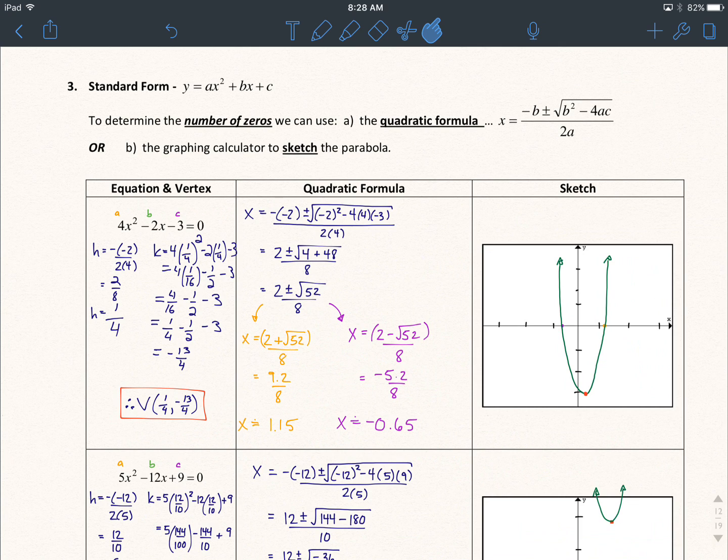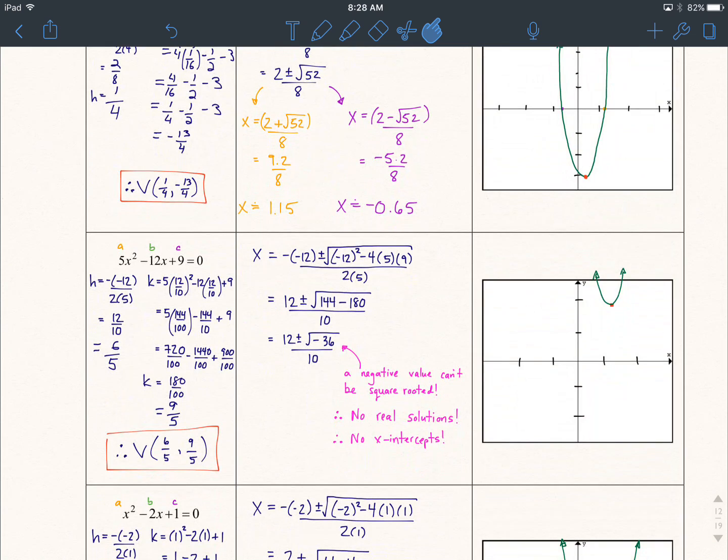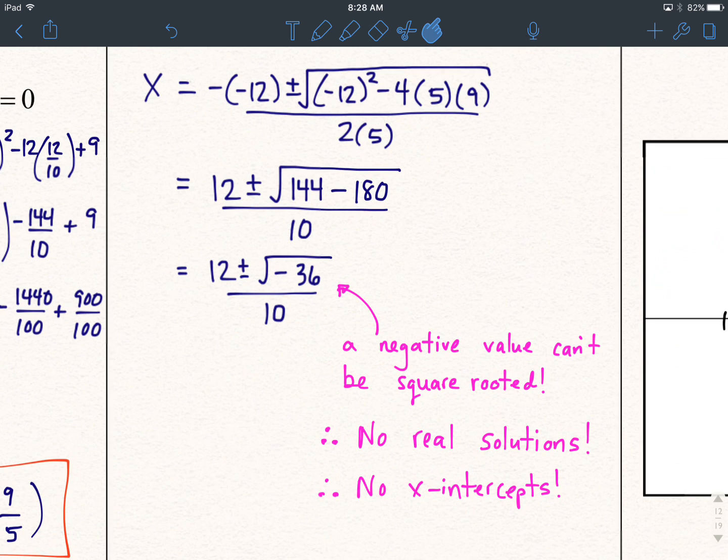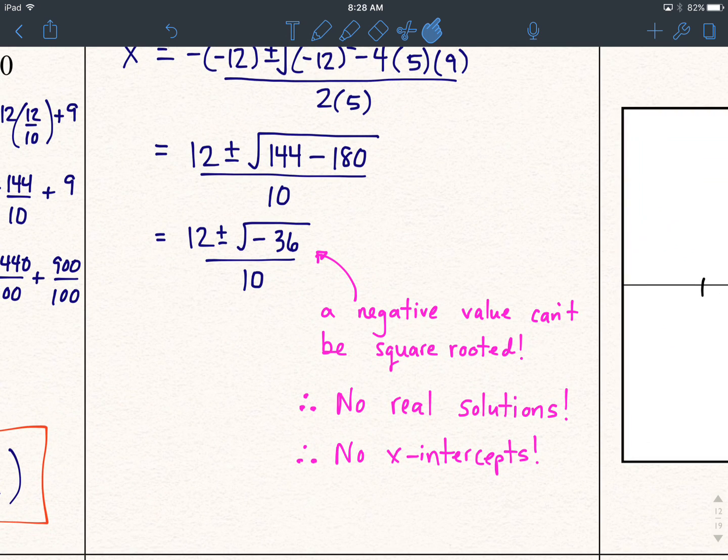So in this first one, 4x squared minus 2x minus 3, as you can see from the answers and the sketch, there are going to be 2 solutions. The second example, 5x squared minus 12x plus 9, you'll see that there are no solutions. And what I want to point out here from this middle box is that when we work through the quadratic formula, we end up with a negative value under the radical sign.